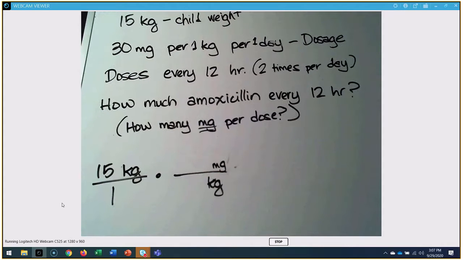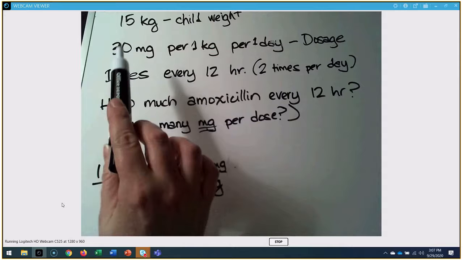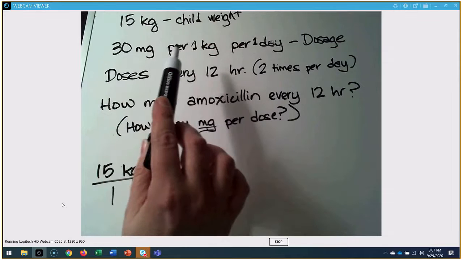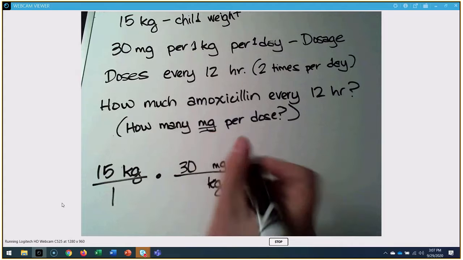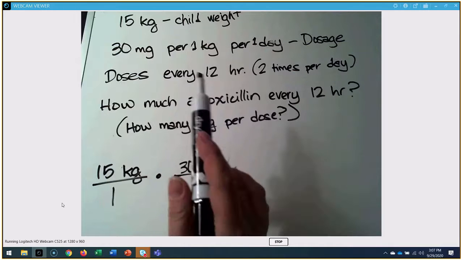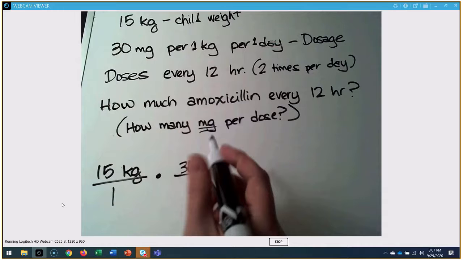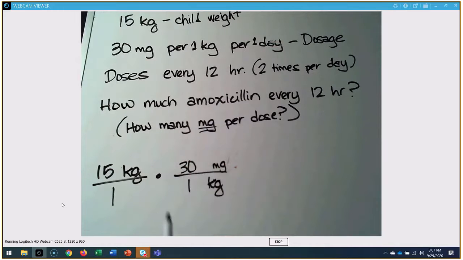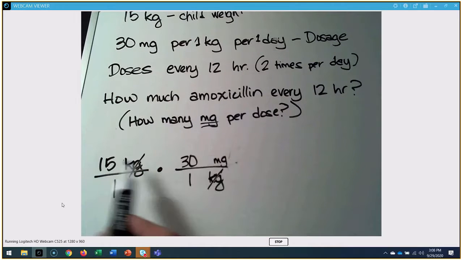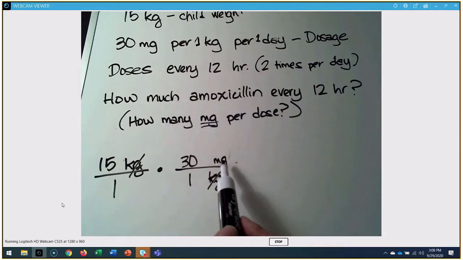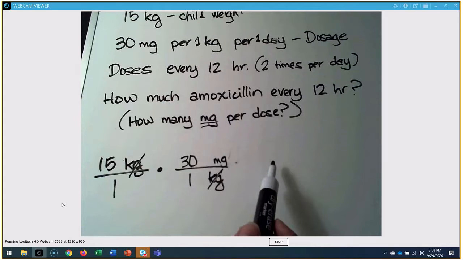The information that I have is that it's 30 milligrams per kilogram. So 30 milligrams per 1 kilogram. It's going to set up like this. And again, I'm doing this because I know that this method will cancel my kilograms if they're diagonal and will leave me with milligrams as an answer.